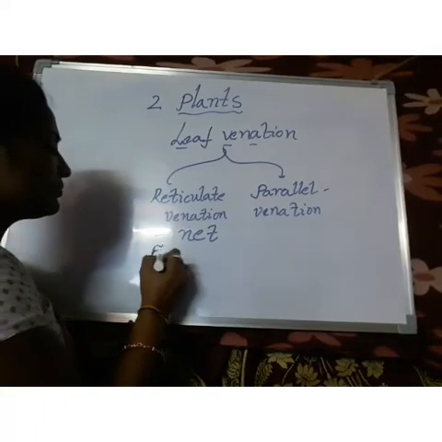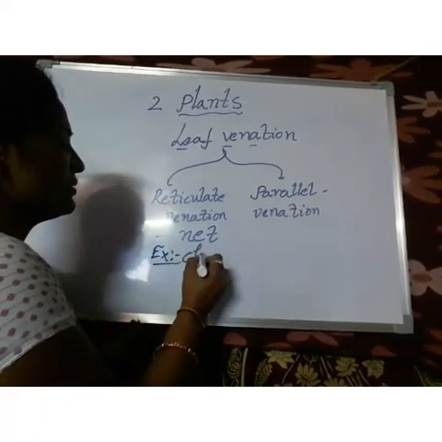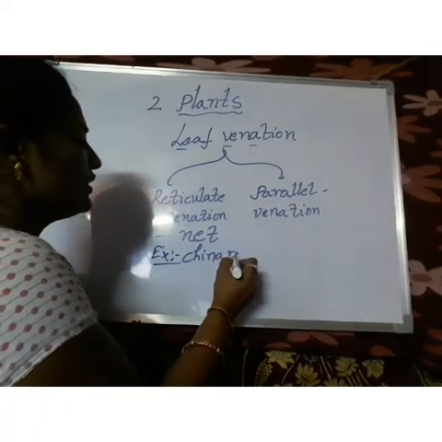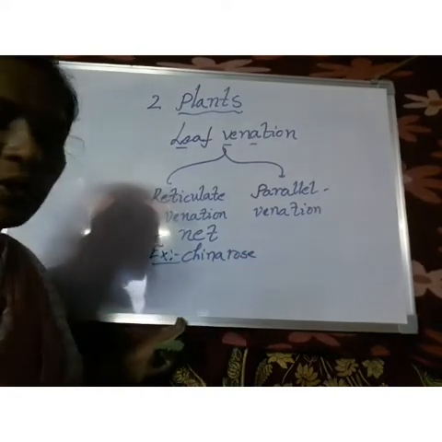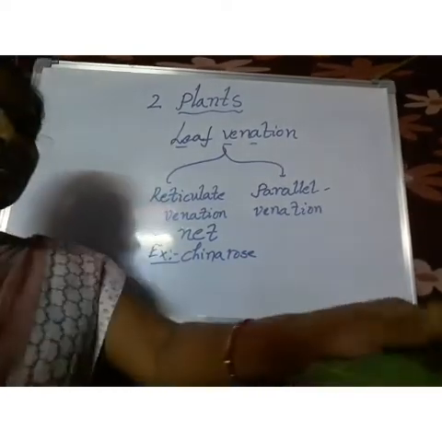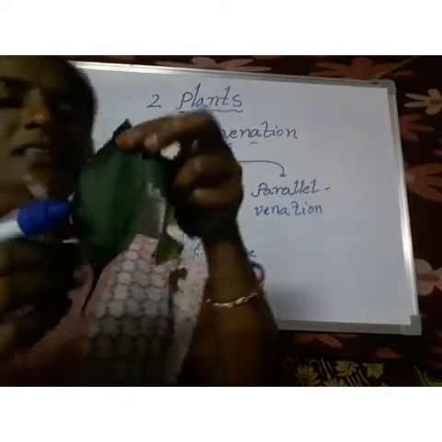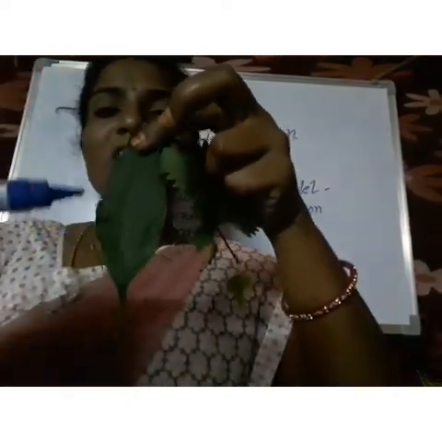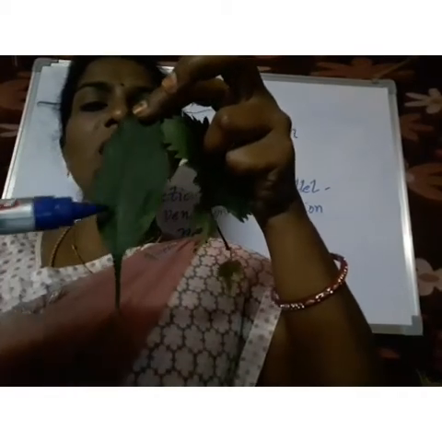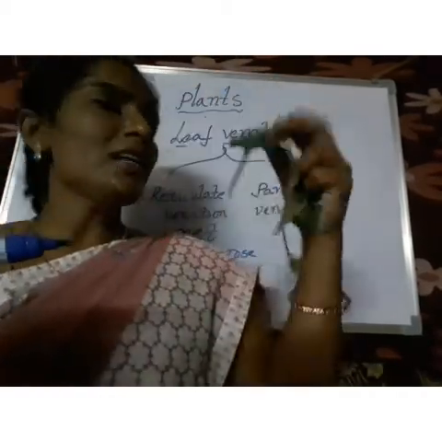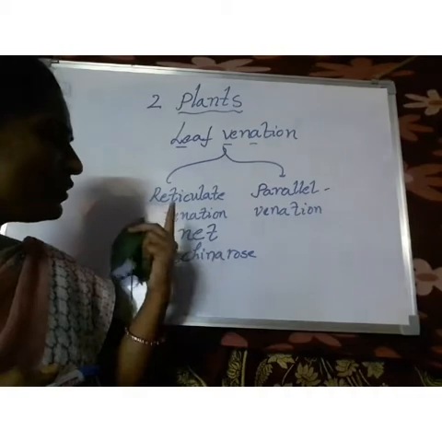An example is China rose, and not only China rose, there are many. This is also reticulate venation, a net-like structure. The venation that looks like a net belongs to reticulate venation.